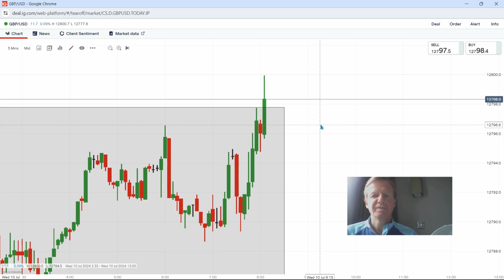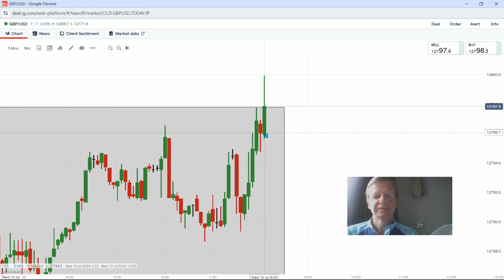And as I say, I'm on 5 minute chart here, so each candlestick represents 5 minutes. Now I'm looking for a full candlestick breakout. So as you can see, it's gone up to this top of the wick here, but I am actually looking for, see, it's coming back inside the box now.